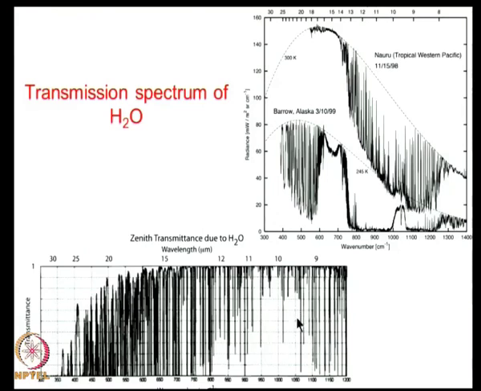And here are more examples of water vapor spectra, and you can see the difference between Nauru in Western Pacific and Barrow in Alaska. This is a cold place, this is a warm place. So, in a warm place, the atmosphere emits radiation more vigorously, and in both cases the presence of gas has reduced the emission spectra substantially.